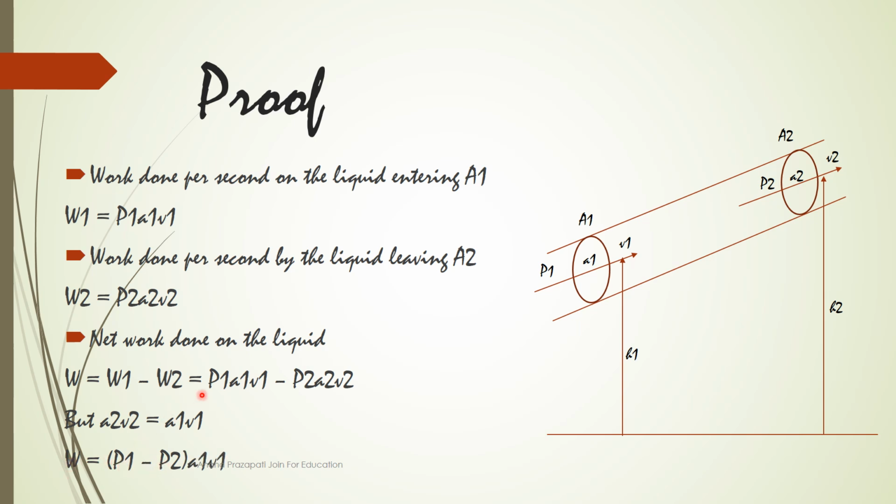We put the value of A1 V1 instead of A2 V2 and take A1 V1 common, and the net work done on the liquid will be P1 minus P2 into A1 into V1. Hope that there is no problem to understand the explanation of this one. If you have, write into the comment box.